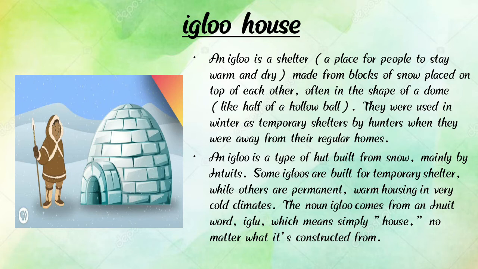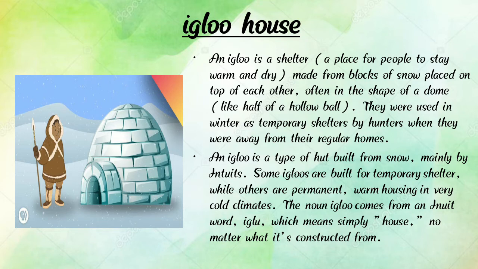An igloo is a type of hut built from snow, mainly by the Inuit. Some igloos are built for temporary shelter while others are permanent. They keep people warm in very cold climates.